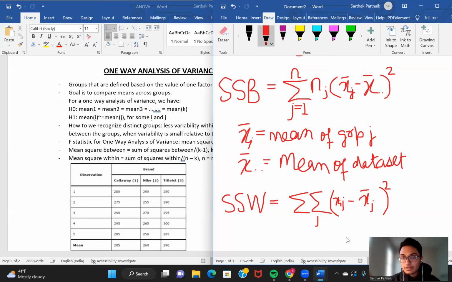This is a very important point. What you have to do here is you have to first calculate the square of difference of each individual point from the group mean, and after that you need to do it for each group separately.